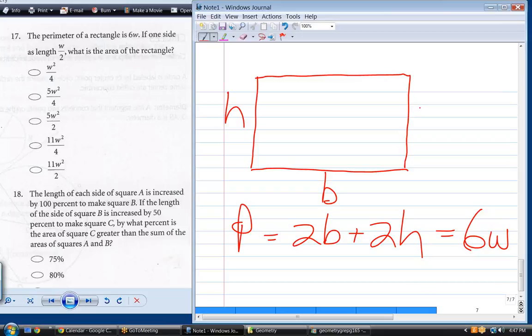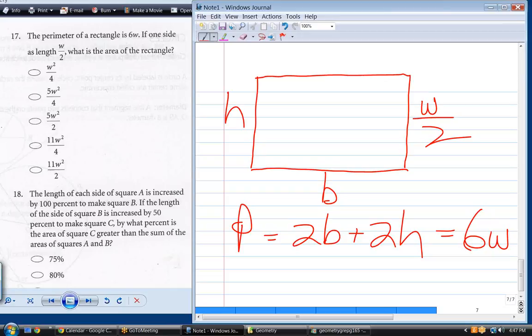Well, if I make w over 2 one side of our rectangle, and they didn't say which side, so I'm just going to pick one. So then it would just be 6w. What's the other side? We need the other side.